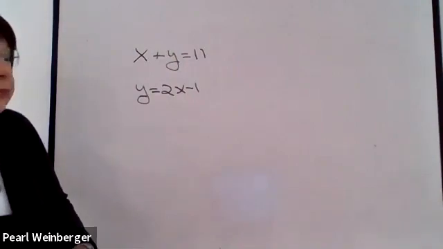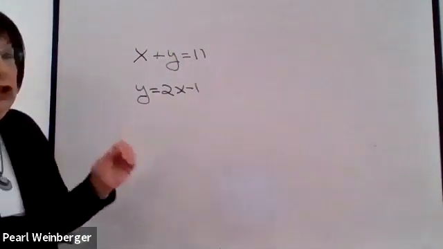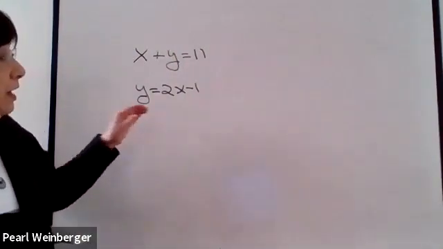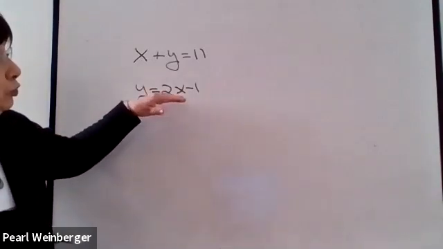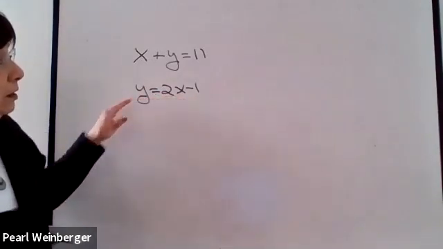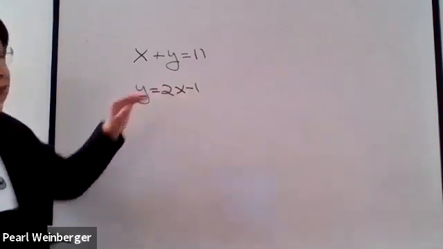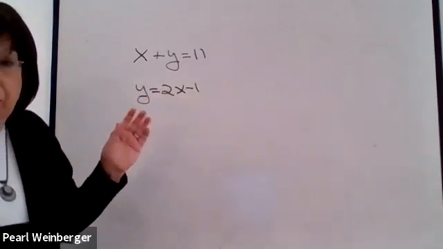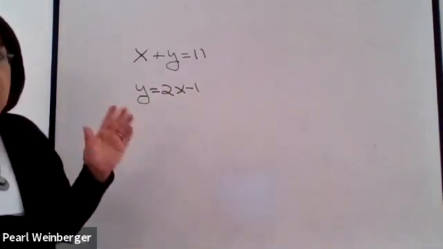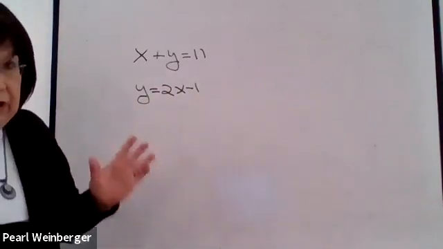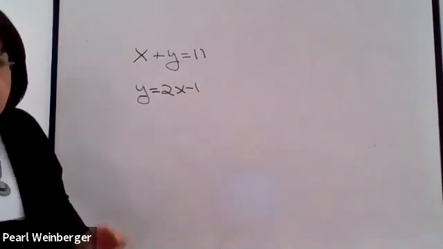If I wanted to use the elimination method, I would have to rearrange the terms in the second equation so that I would have the x first, the y second, the equal sign, and the number.